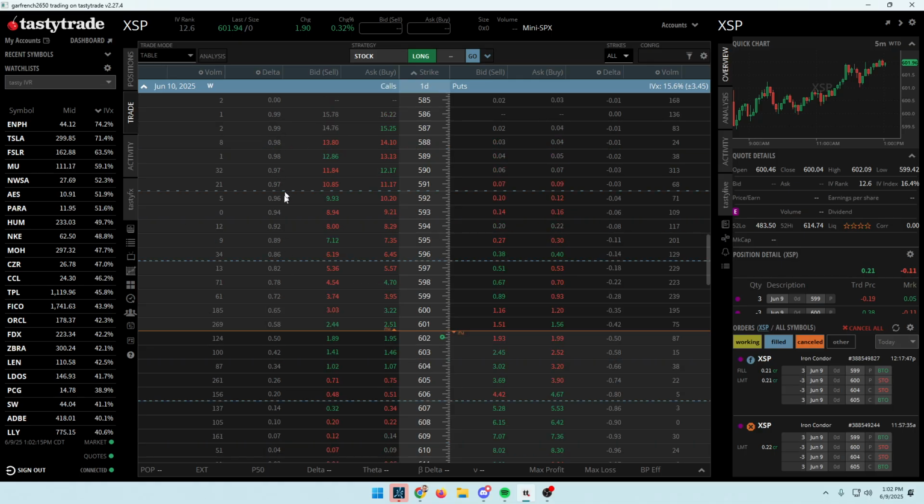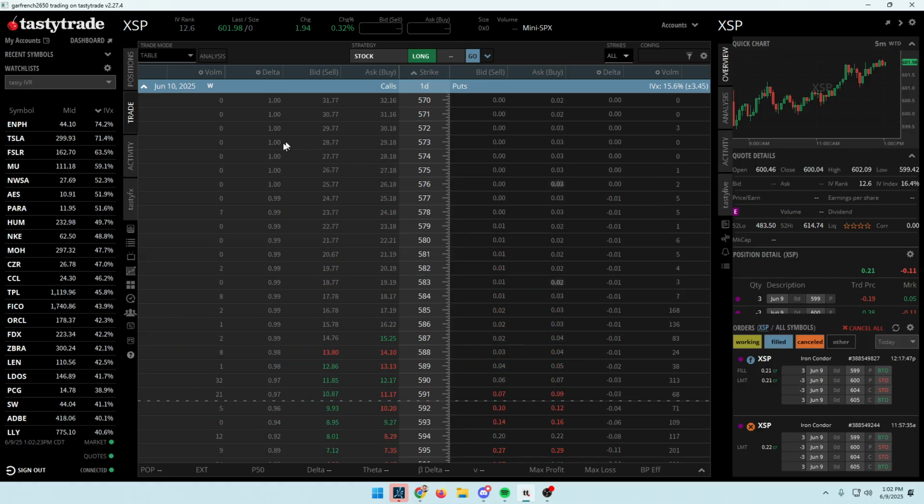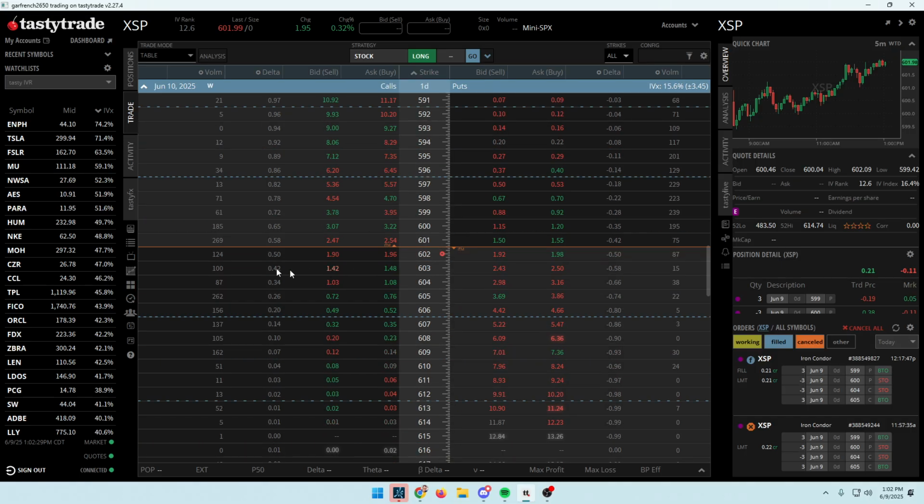As we go further deep in the money, it has a 99% chance that 585 is going to be in the money at the end. There are 100% chances for the 576 and 570. Once again, these do change as the price moves. As you can see, this one is now 50%. We're right at 602. But yeah, these can be seen as a percent chance.